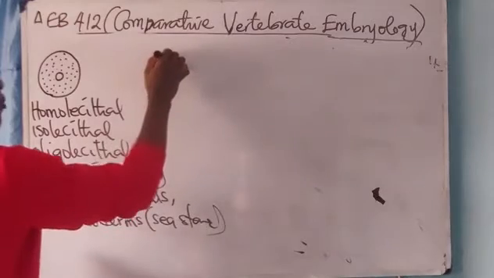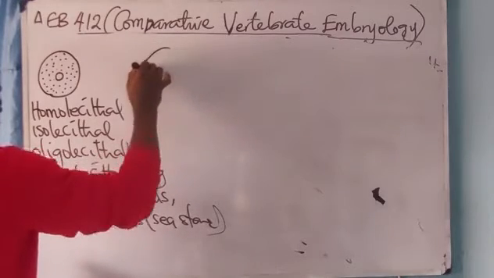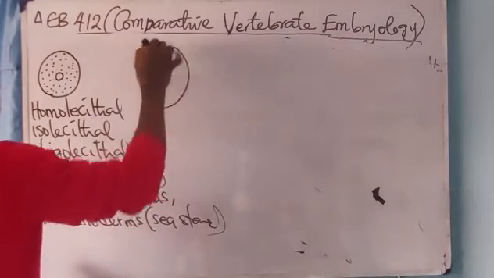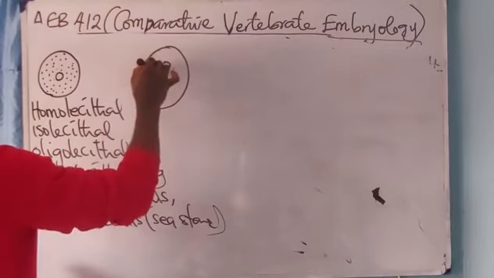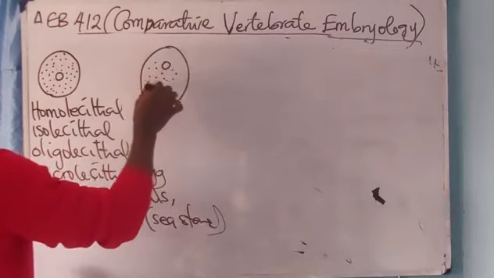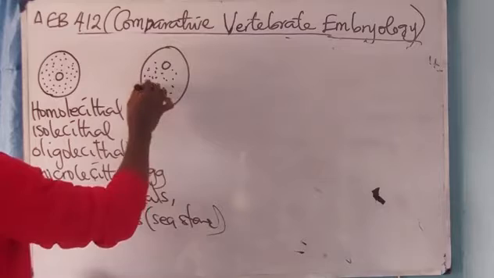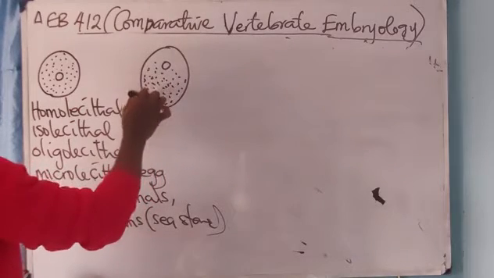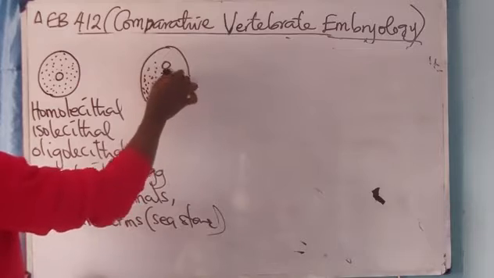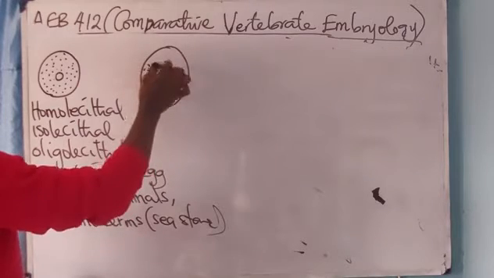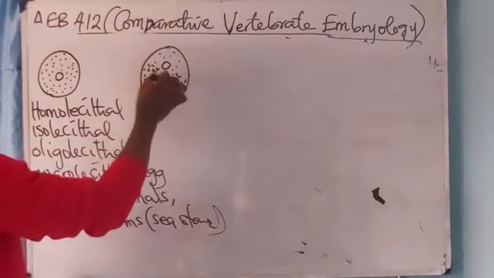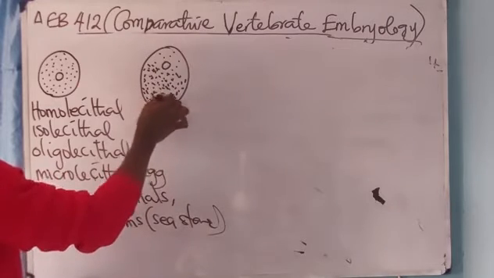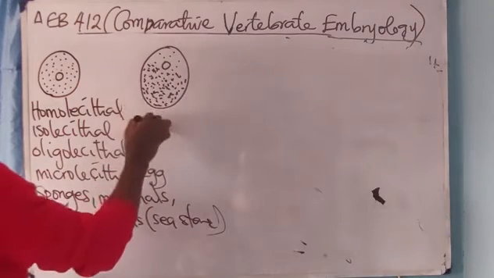You now have another type of egg. You can see you have a lot of yolk in it. So this type of egg is called what?